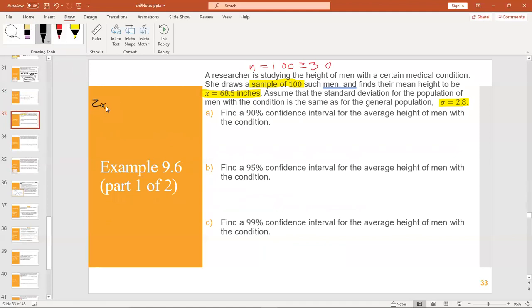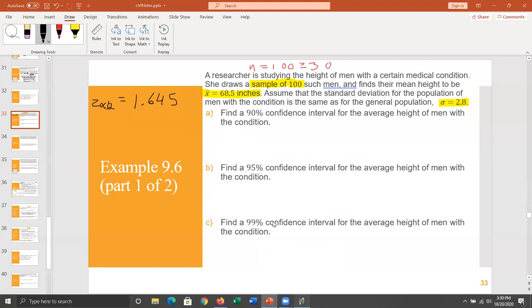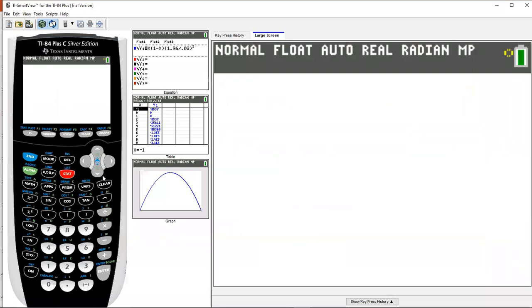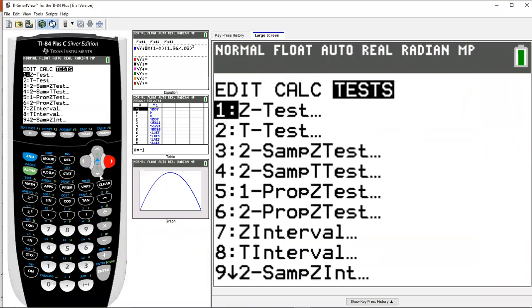So we're going to do Z alpha over 2. That is 1.645. We can just look that up in our table there. And let's find a 90% confidence interval. So we're going to go to Stat, go over to Tests, go down to option 7 where Z interval lives.